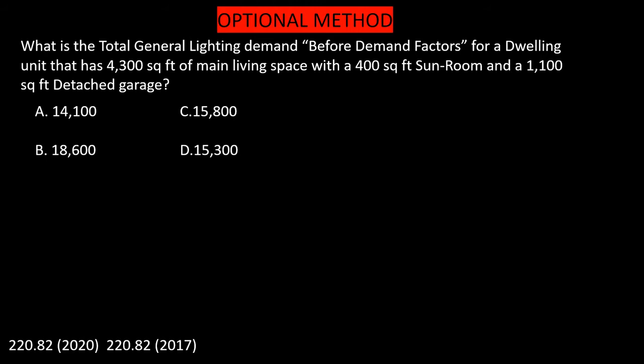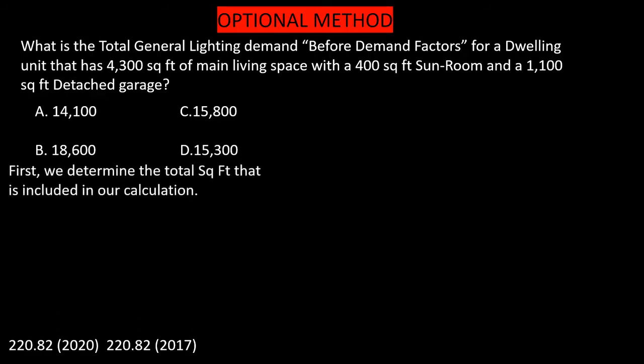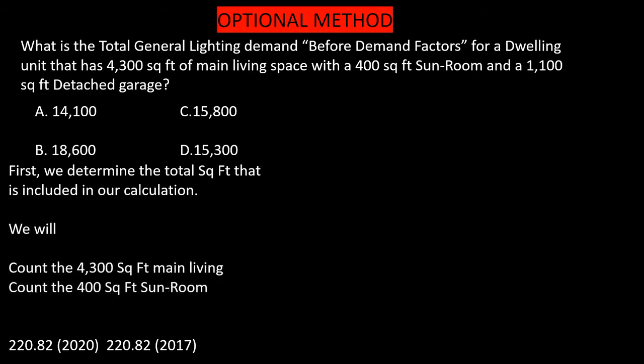What is the total general lighting demand before demand factors for a dwelling unit that has 4,300 square foot of main living space, a 400 square foot sunroom, and an 1,100 square foot detached garage? So we're going to total the square foot in our calculation. We will count the 4,300 square foot of main living space, we're going to count the 400 square foot of sunroom, and we're going to omit the 1,100 square foot of the garage.